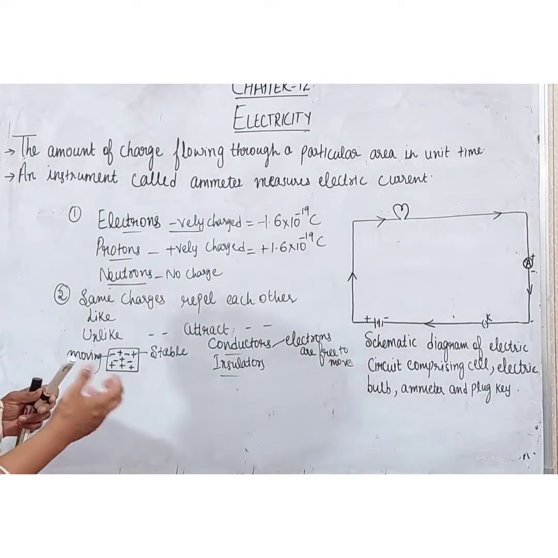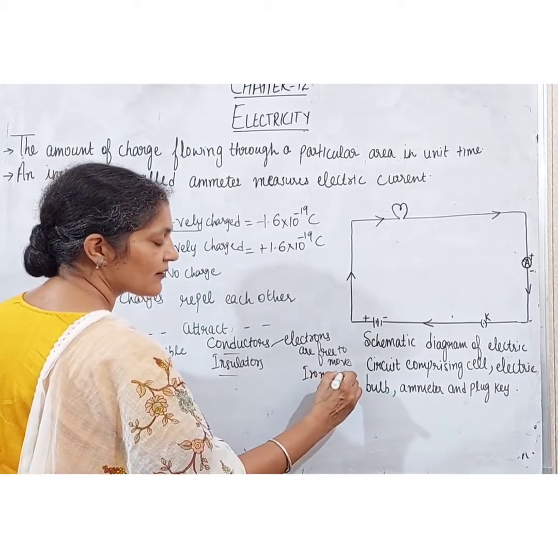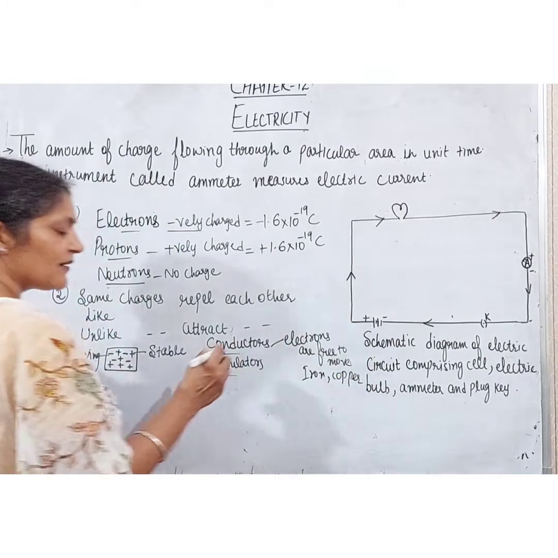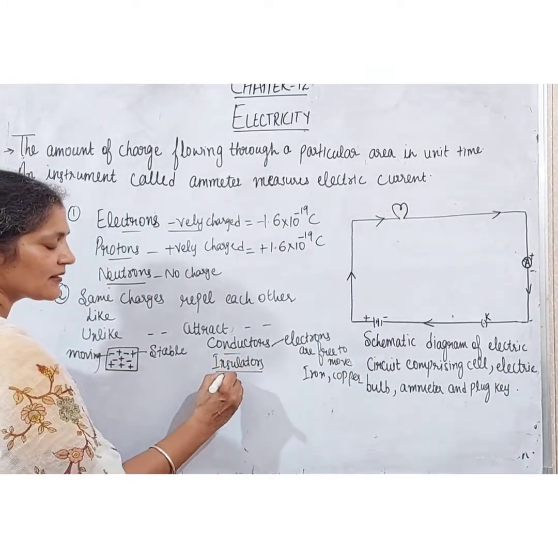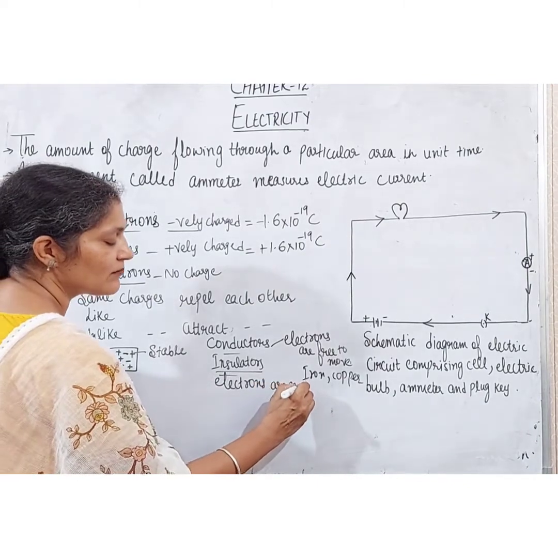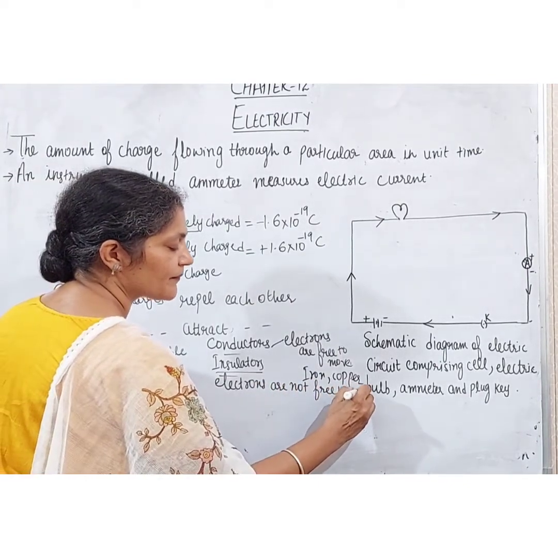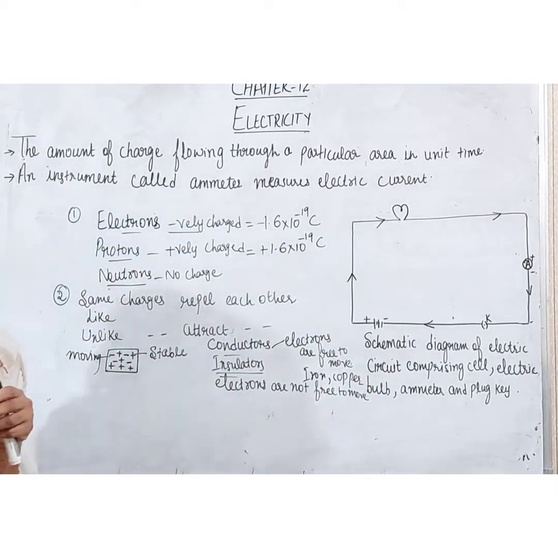The example of the conductor can be any metal. You can write iron, copper, anything. And in insulators, the electrons are not free to move. Right students?